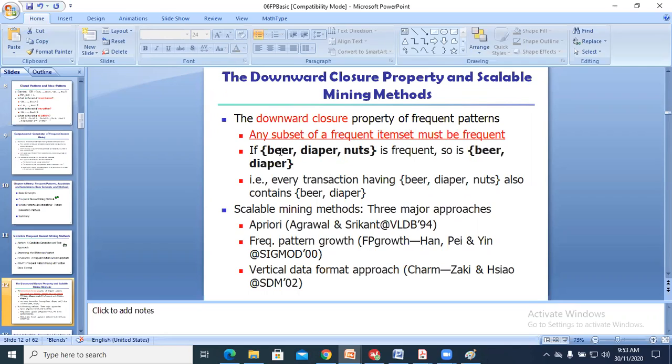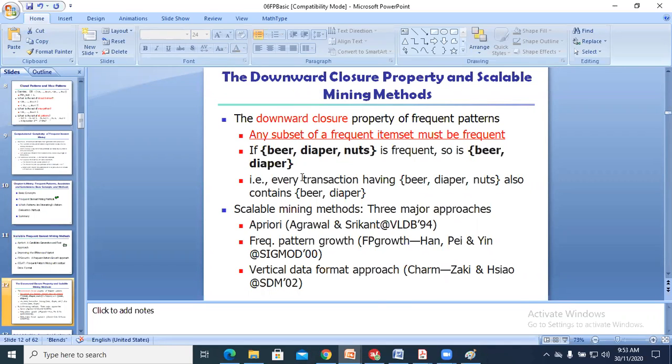For example, if an item set beer, diaper, and nuts is frequent, then its subset, beer and diaper, is also frequent.